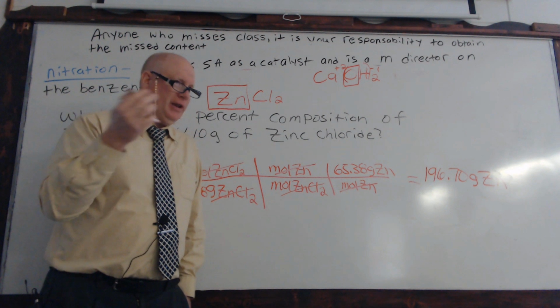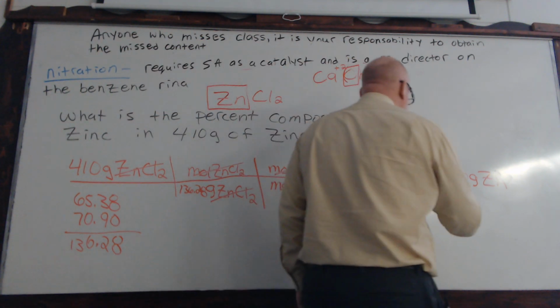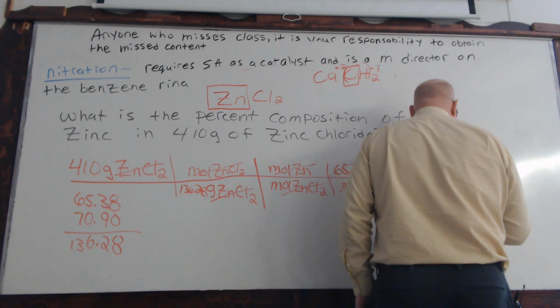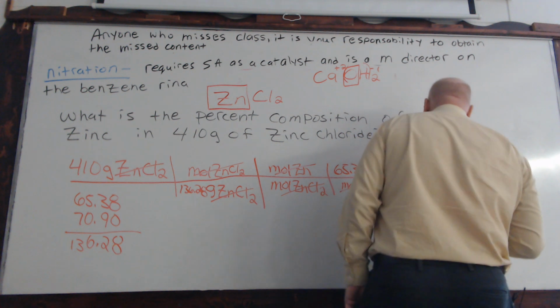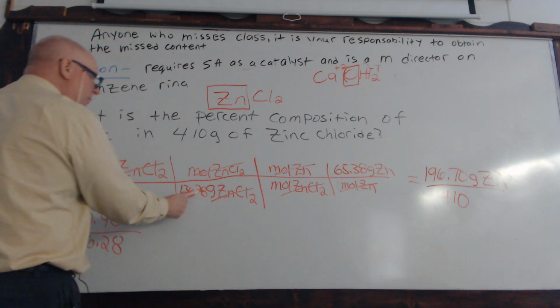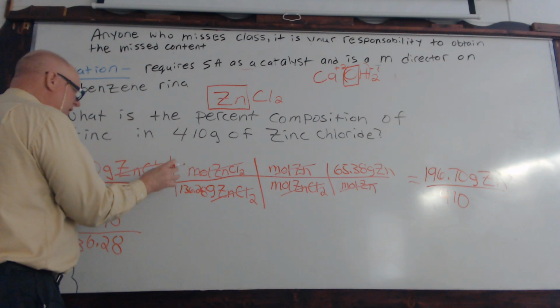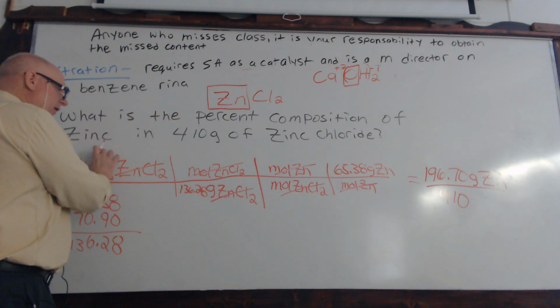You would think so, but that's not quite the case. You would put it over 410, right? You would put it over 410, because you want to put that over what you started with. This is just the molar mass of all of that together, because we want to know the atomic mass of what we started with, okay?